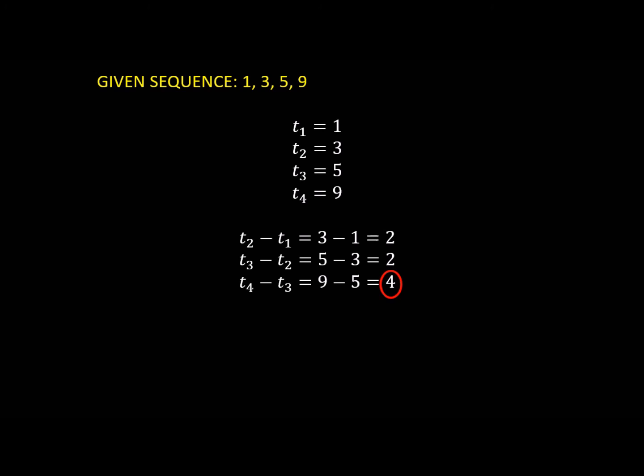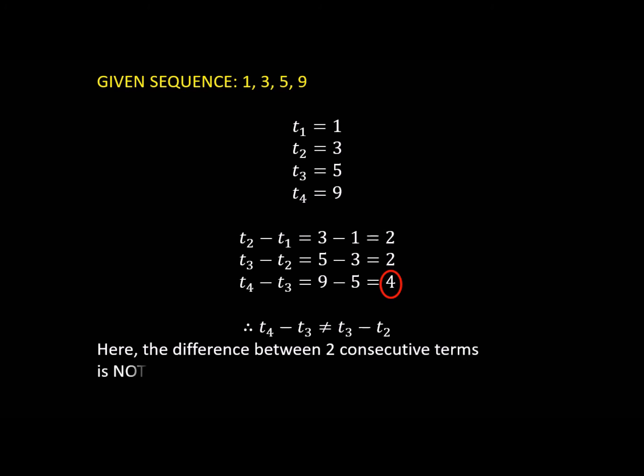So T4 minus T3 is not equal to T3 minus T2 or T2 minus T1. Because these differences are not equal, here the difference between two consecutive terms is not constant. Hence, the given sequence is not an arithmetic progression, is not an AP.